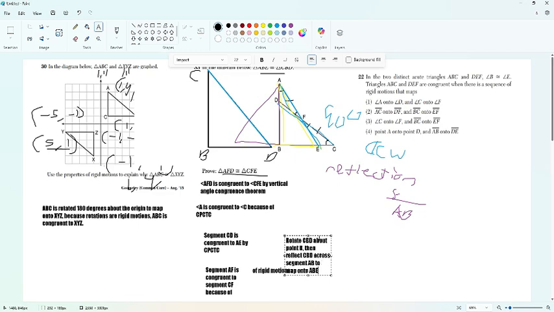ABE, CBD, AFB, and what is this? This is just rigid motions, right? Yeah. Isn't this just a glide reflection? I don't know how to prove this. Oh, we prove this because ABE is congruent to CBD. That's why we can do it, and now we can do this because of rigid motions.